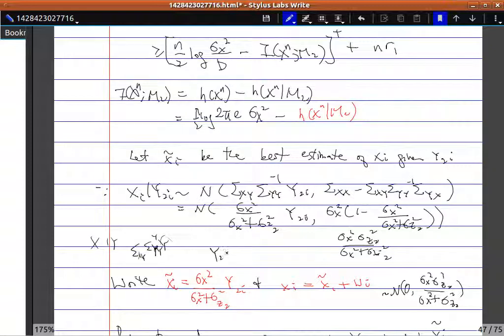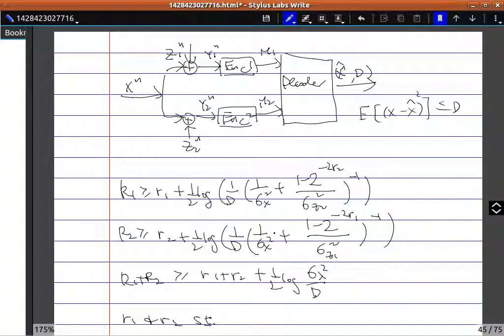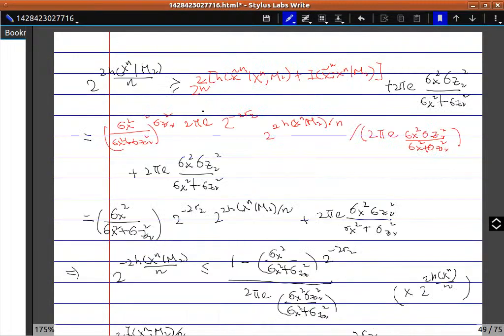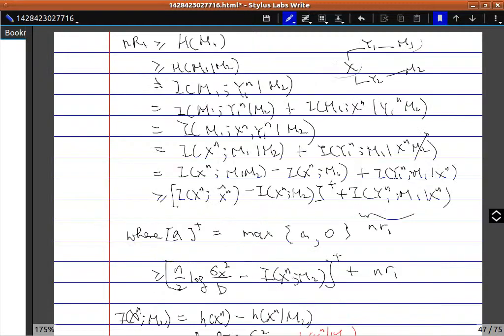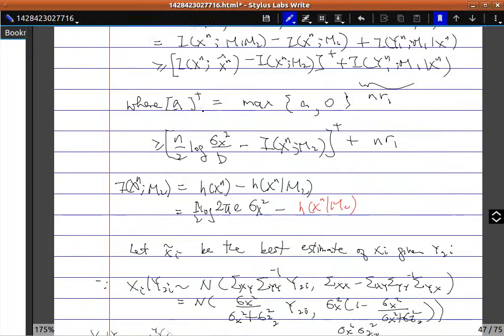Basically y2 is just equal to x plus c2, right? That we described earlier. y2 is equal to x plus c2. So therefore, we are here.